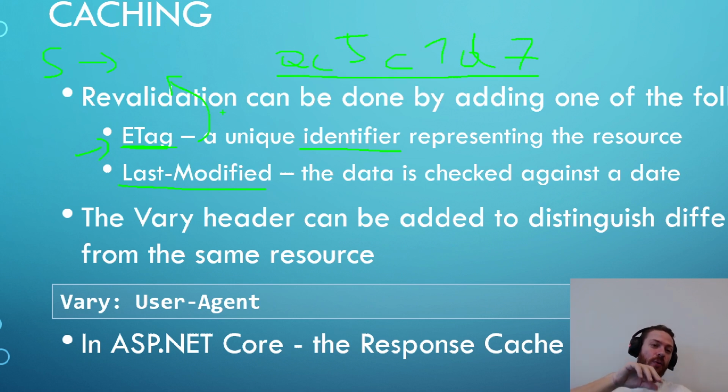And then if we want to change the image, we can change the image with another ETag, and then the client will send this older ETag. The server will see that this ETag is no longer valid, and it will return the whole image to the browser.